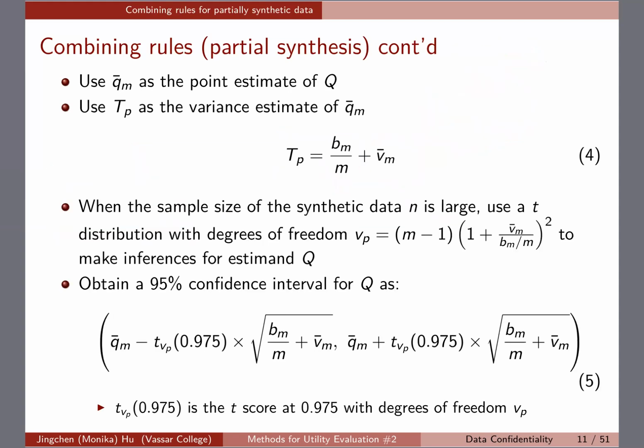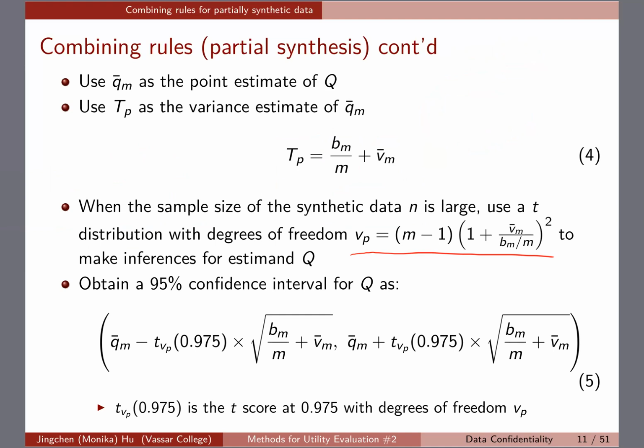All right, and then at the end of the day, once you have the variance estimate, you're able to use, in this case, a t-distribution. This is again from the central limit theorem and all that. They give you the degrees of freedom for this t-distribution. It's complicated to compute. Once you get that, you're able to return a confidence interval.